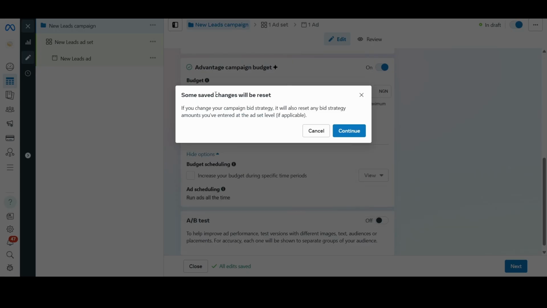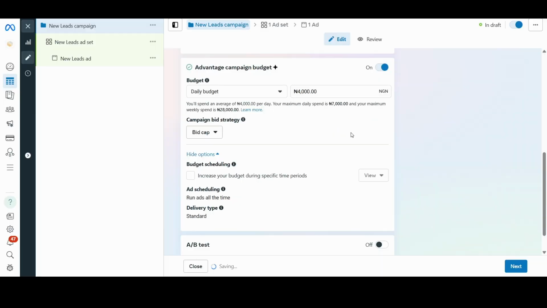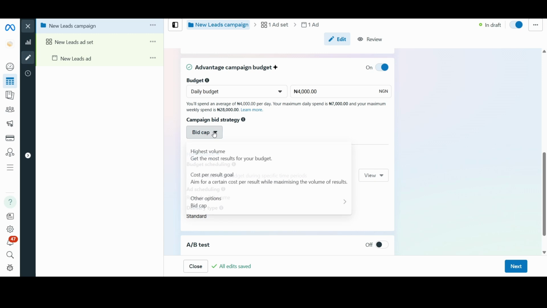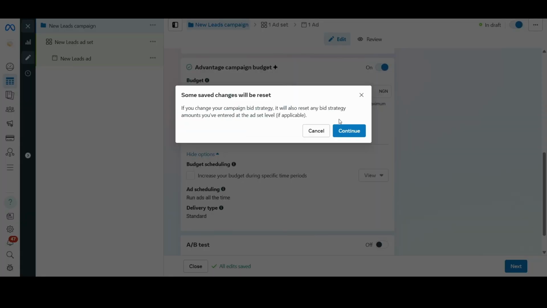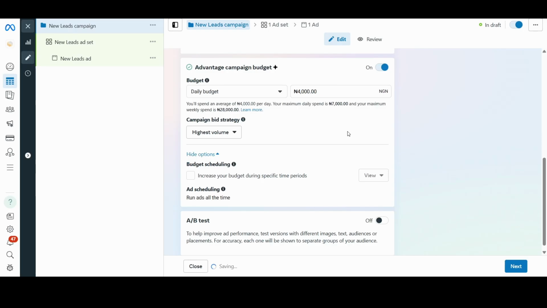What you do here is that you're changing your campaign bid strategy to a particular amount. So if you say, my bid cap is 1,000 naira per lead, then Meta is going to optimize for that as well. So that's bid cap. But most people would stay with highest volume because that's a lot clearer to understand. So we're going to stay with highest volume.